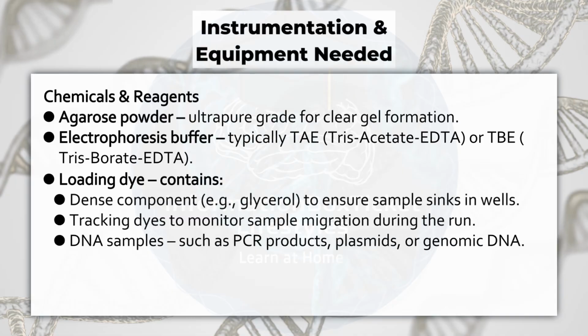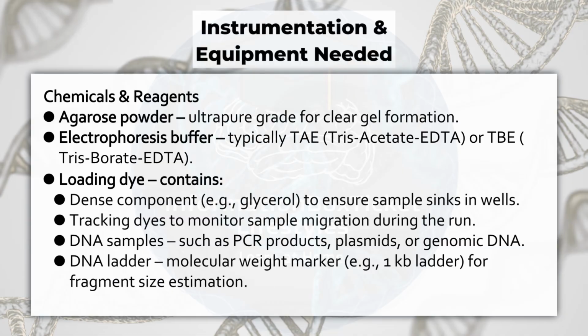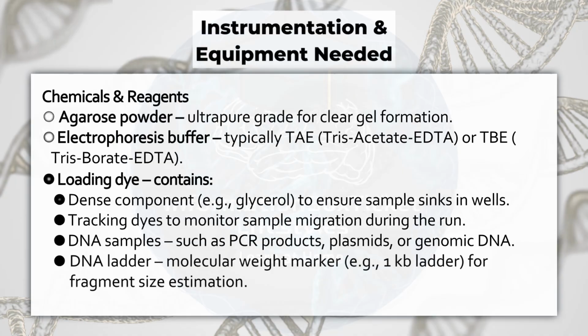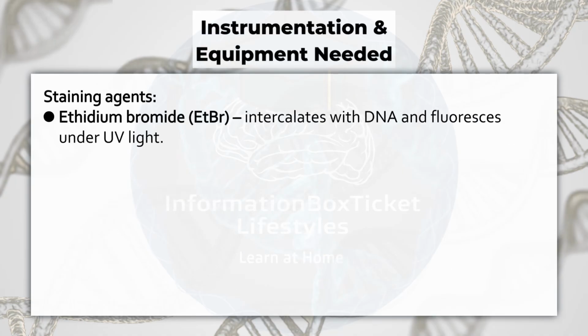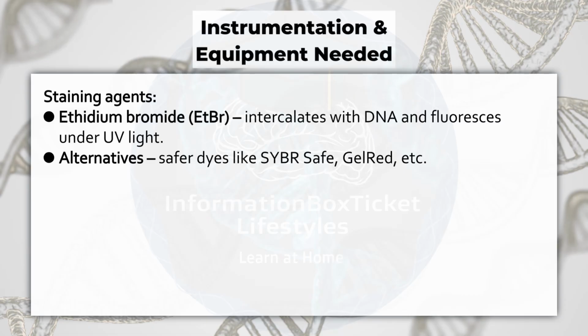DNA samples, such as PCR products, plasmids, or genomic DNA. DNA ladder, molecular weight marker, e.g., 1 kilobase ladder, for fragment size estimation. Staining agents: ethidium bromide, EtBr, intercalates with DNA and fluoresces under UV light. Alternatives: safer dyes like SYBR Safe, GelRed, etc.